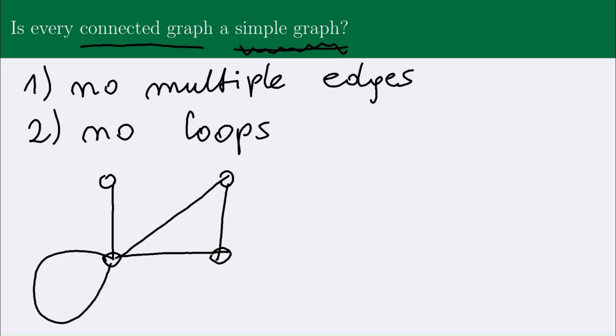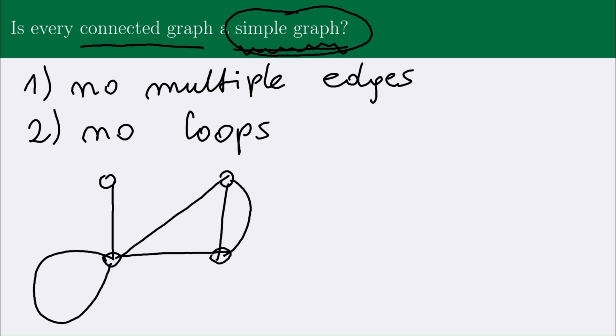Or we can draw an additional edge here. Drawing additional edges doesn't disturb the connectivity of the graph, because we get another option to traverse in this graph. But we destroy the requirements for being a simple graph.